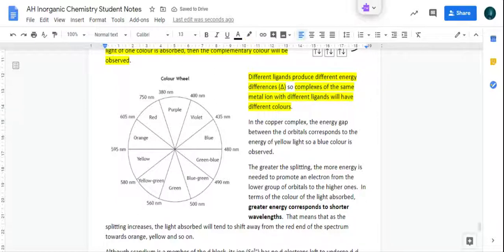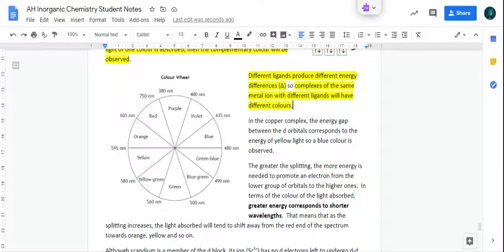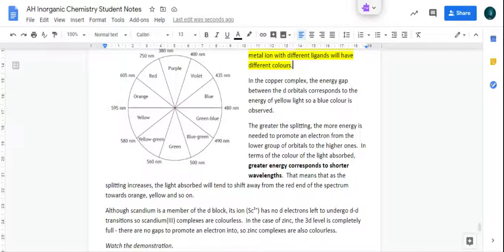In the water complex with copper that we saw earlier, the energy gap corresponds to the energy of yellow light, and so that complex is blue. We observe the complementary color of the light that is absorbed. The greater the splitting, the more energy that's needed to promote an electron from the lower group of orbitals to the higher ones.